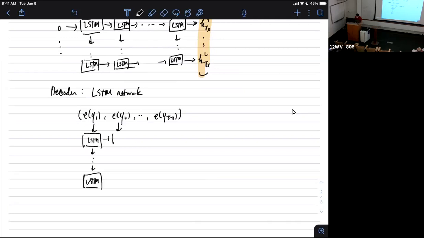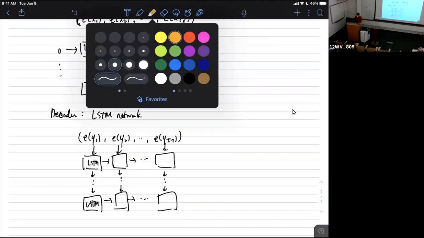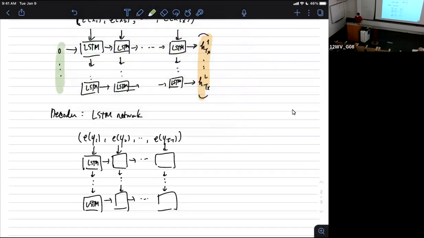Then this LSTM is supposed to read this prefix, so what has been translated so far. And what does it do? It summarizes what has been translated so far, so as to maximize the prediction of the following word. But the question here is, how are we going to initialize the hidden state? In the case of the encoder, we said there's nothing before, so we initialize the cell state as well as the hidden state to be all zeros.